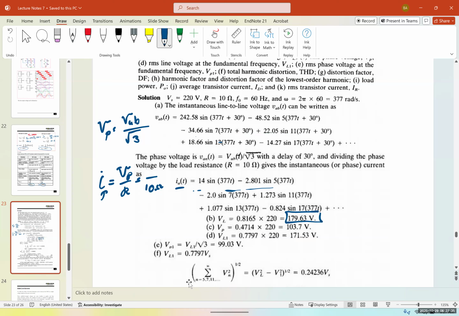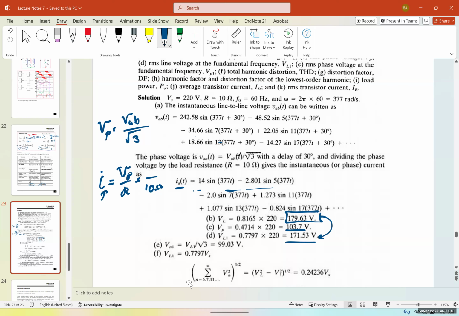We usually do this with MATLAB Simulink. It's going to be much easier doing it that way, but you need to measure the total harmonic distortion and the distortion factor. And V phase is going to be 103.7, and the fundamental line voltage is going to be 171.53.